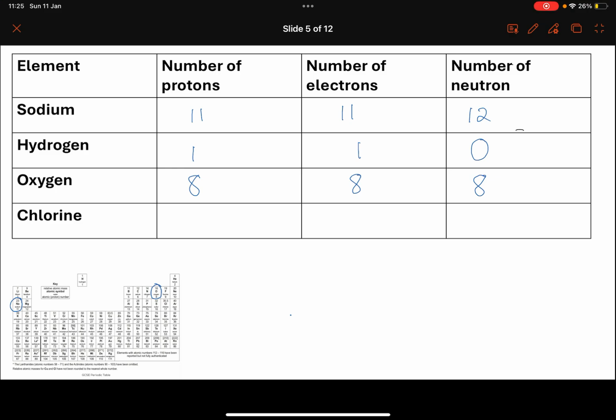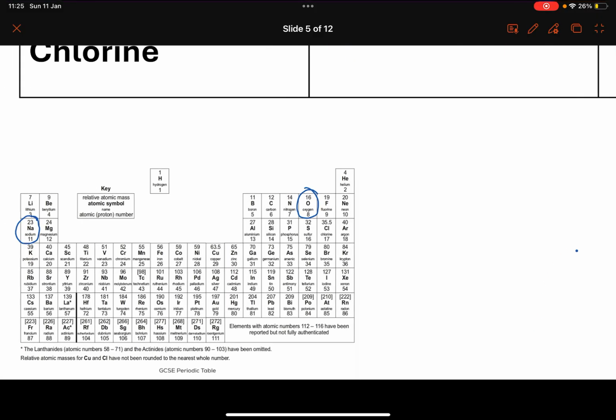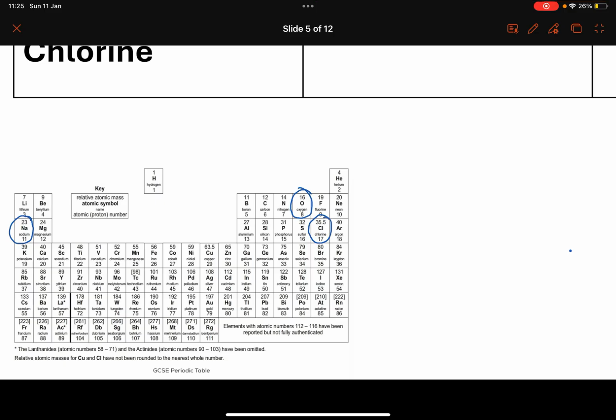And you will find that there are quite a few elements where the number of protons, electrons and neutrons are all the same. And then chlorine, we've got here. We've got a decimal this time, so we've got a top number of 35.5 and a bottom number of 17.